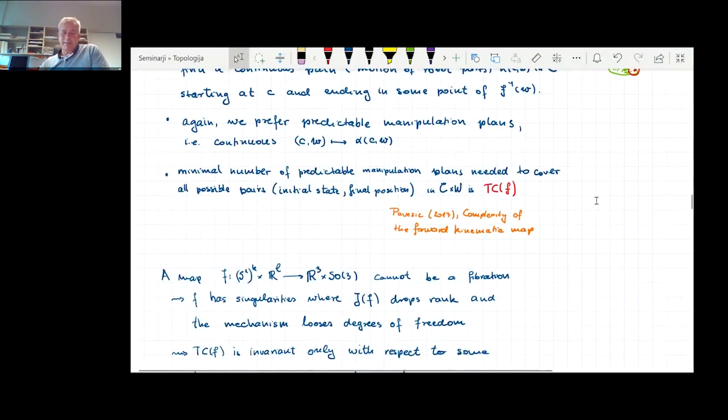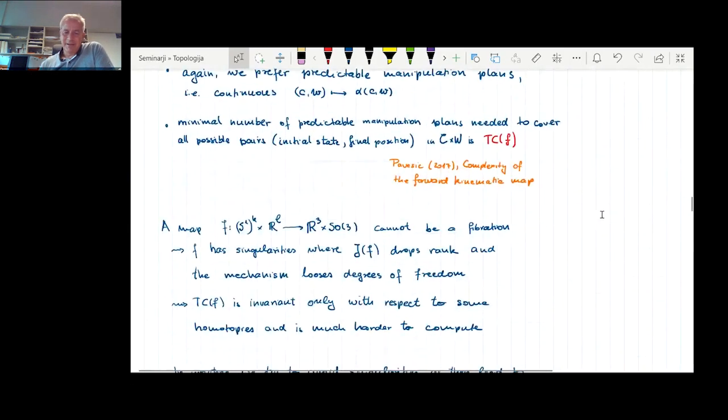Okay, one important feature: if you have this standard situation, so your space of joints is a product of some circles and intervals, and your workspace is position and orientation. Now, these two spaces are fundamentally different. So from the mathematical viewpoint, it's relatively easy to see that the map cannot be a fibration.